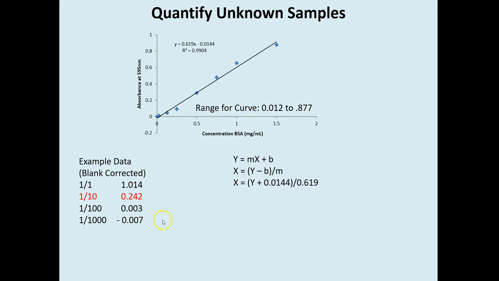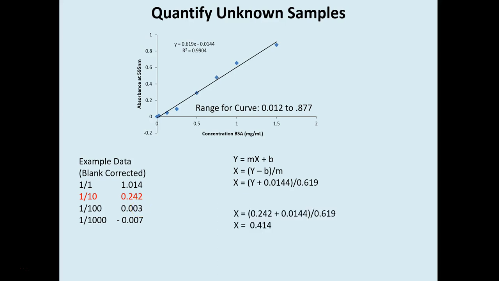I have the 1/100 at 0.003 and the 1/1000 at a negative number. So definitely we cannot use the 1/100 or 1/1000. You could use the undiluted one, knowing that it is outside the range. Or you could use the 1/10, taking the number with a grain of salt, knowing that it isn't done in the most accurate manner.